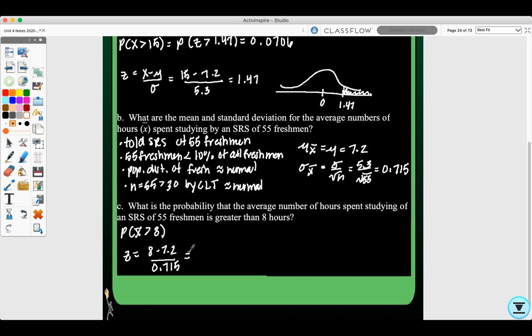That gives us 1.12. Draw a quick picture of that. And using our calculator, when we're finding z is greater than 1.12, we would get 0.1315. So the probability would be about 13.15%.